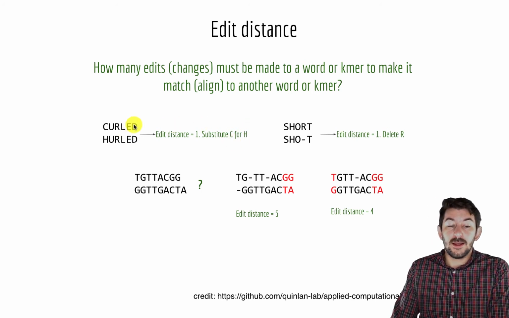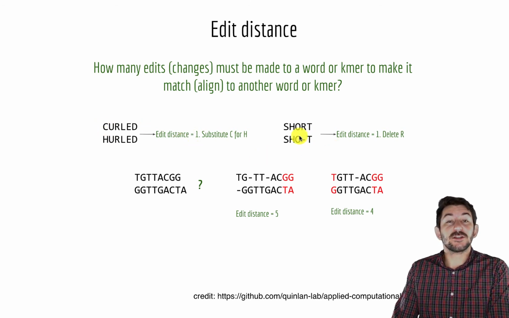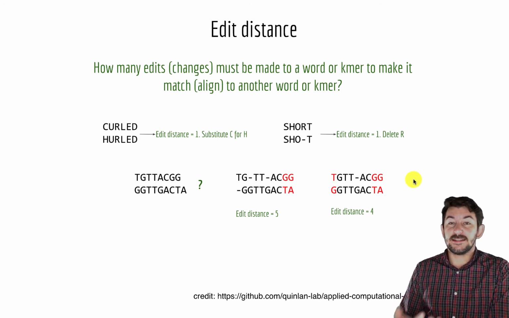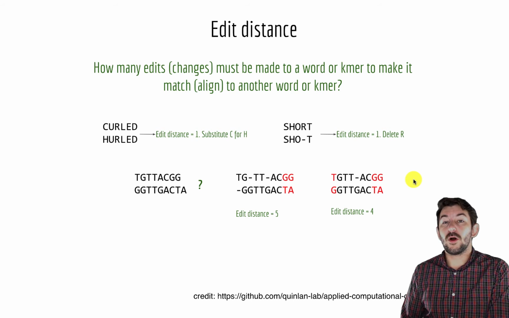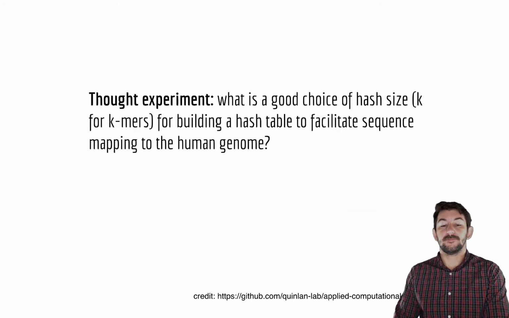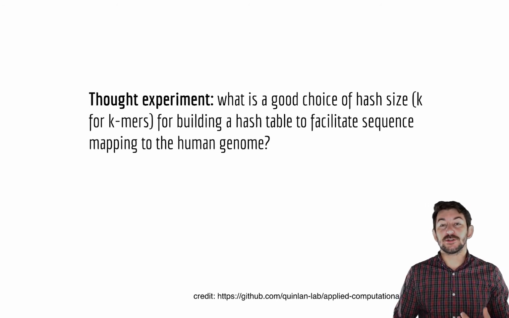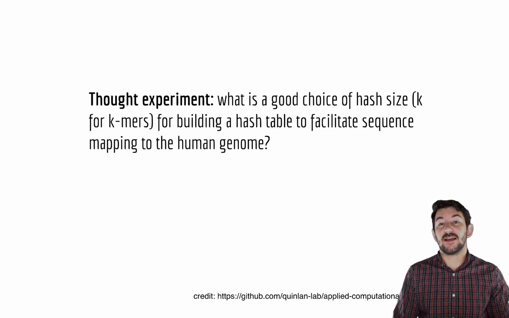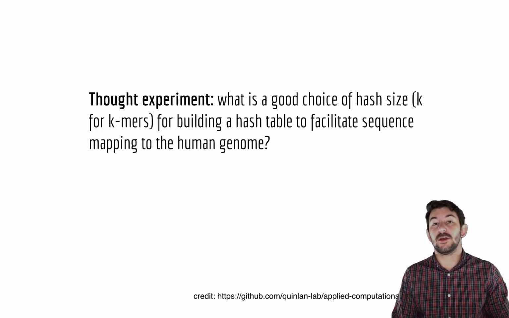And so here, an edit distance that has 1 substitution, curled to hurled, is an edit distance of 1. If it's a deletion or an insertion, and there's just one of them, it's an edit distance of 1. So we keep it very, very simple for efficiency's sake. And so that TCT is an edit distance of 1 away from being TCA or TCG. And so that kind of information is used to make decisions about if there's 2 possible places to fit something, the one that has the fewest edit distances will be the one that it will be placed at.